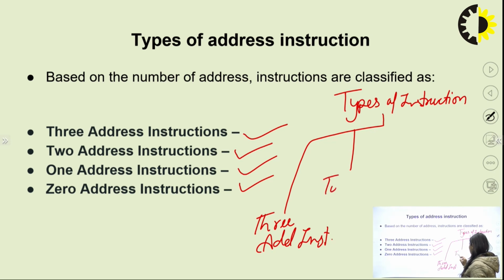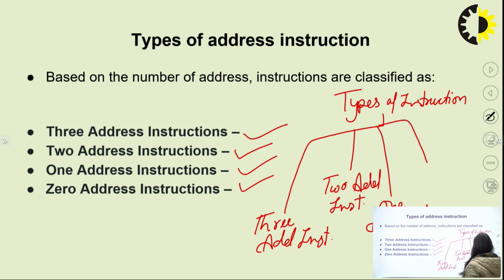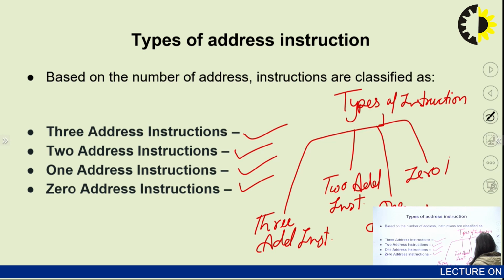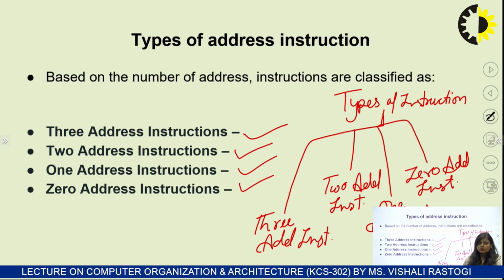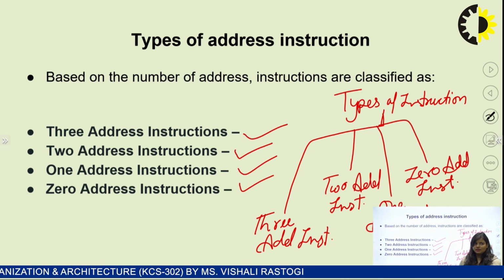Another one is 2 address instruction, 1 address instruction, and the last one is 0 address instruction. If you want to score good marks, you just need to create this kind of flow chart, and if you describe in this way, you will have good marks in exams. Okay, so let's discuss all these types of address instruction in depth one by one.